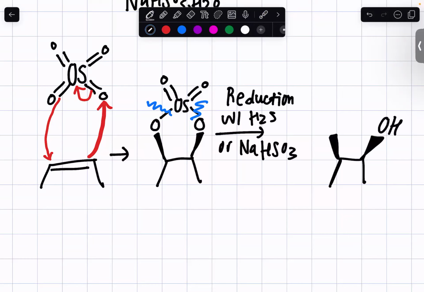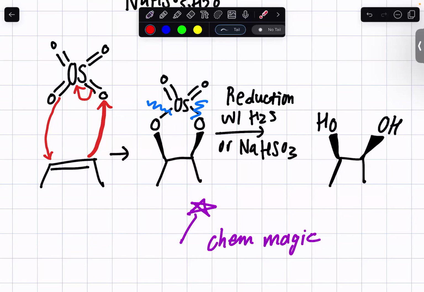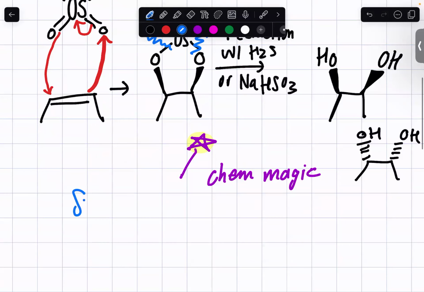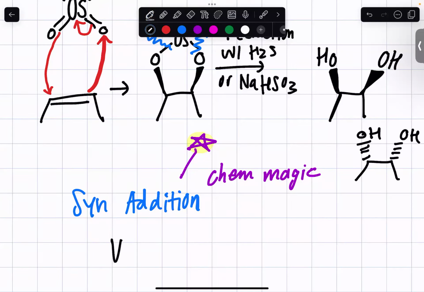It's just going to be some chem magic for now. He didn't go over the mechanism, so you don't have to worry about the mechanism for the second reduction step here. It could have been dash instead of wedge as well. But the important thing here is that this is a syn addition, and the product is a vicinal diol.